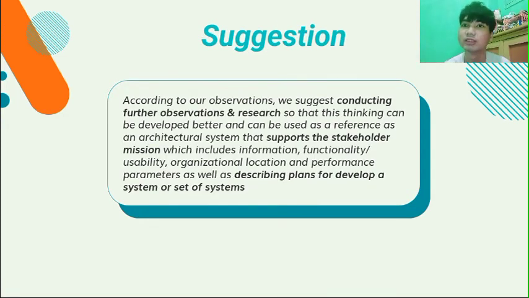And our suggestion, according to our observation, is to conduct further observation and research so that this thinking can be developed better and can be used as a reference for an architectural system that supports the stakeholder mission, which includes information functionality and usability, organizational, location and performance parameters, as well as describing plans for developing a system or set of systems.